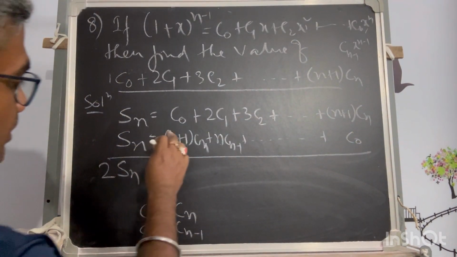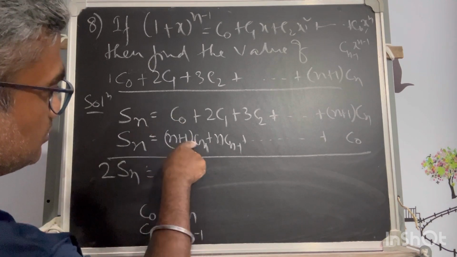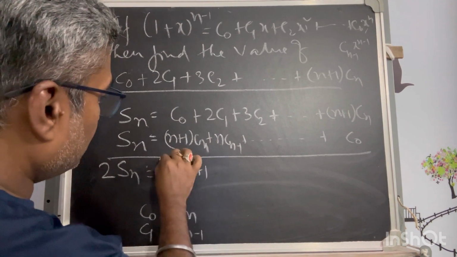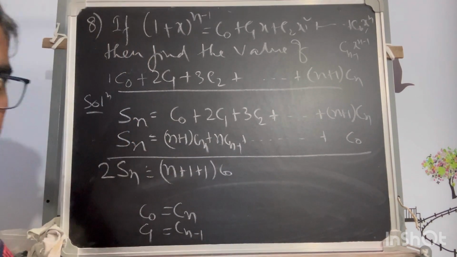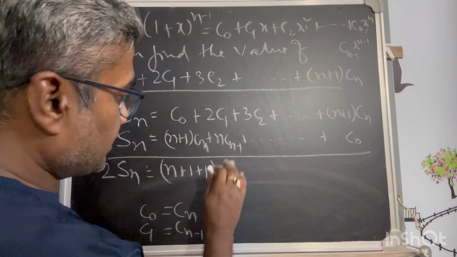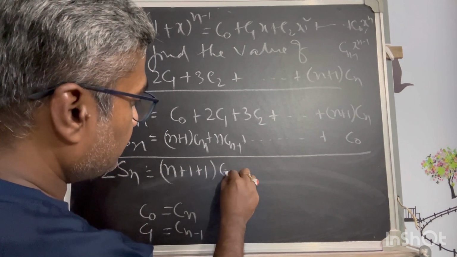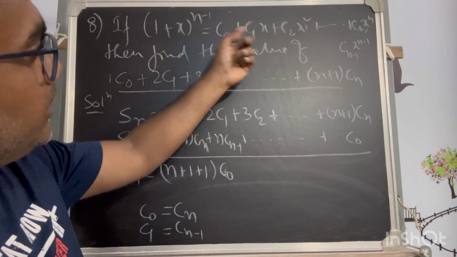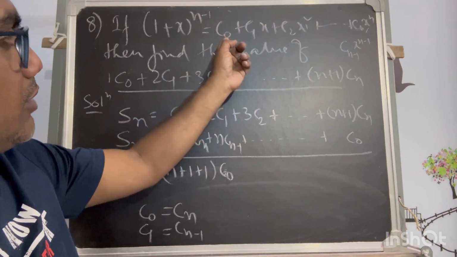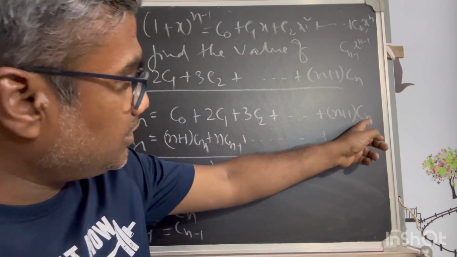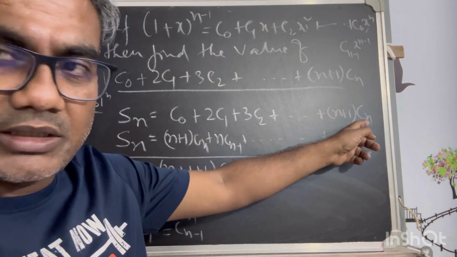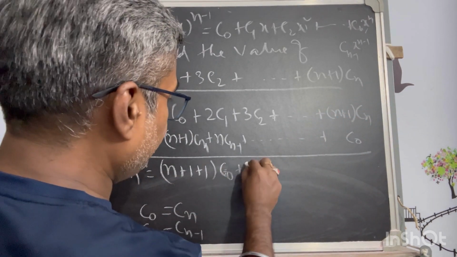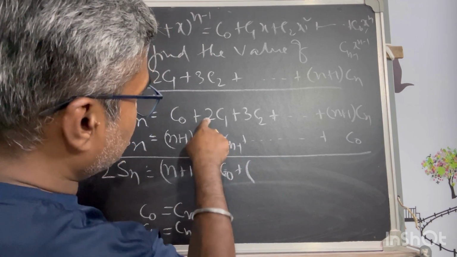So how many times am I getting the same thing? I can say n plus 1 of the same term. I can name it as per my convenience, according to the way the series goes. So I will keep C0 here. Instead of putting C0, I can name it Cn because C0 and Cn are the same. And every term I will get n plus 2.